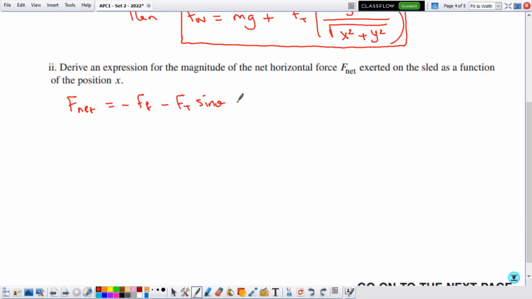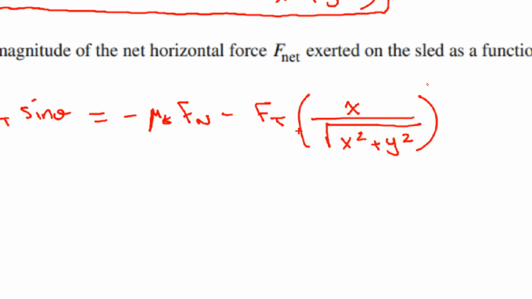Now for the friction, let me continue on the same line. Friction is given by mu k Fn independent of the state of motion, minus Ft, and the sine function has been determined in the first part, and it's given by x divided by radical x square plus y square. Now comparing with the constants that they have stated in the question, mu k is fine, Ft is fine, x and y are fine.